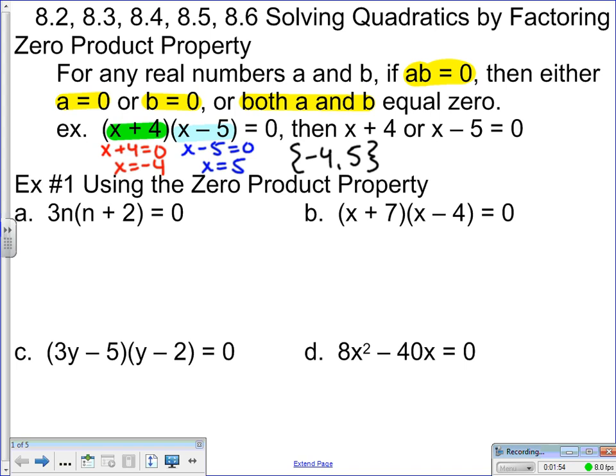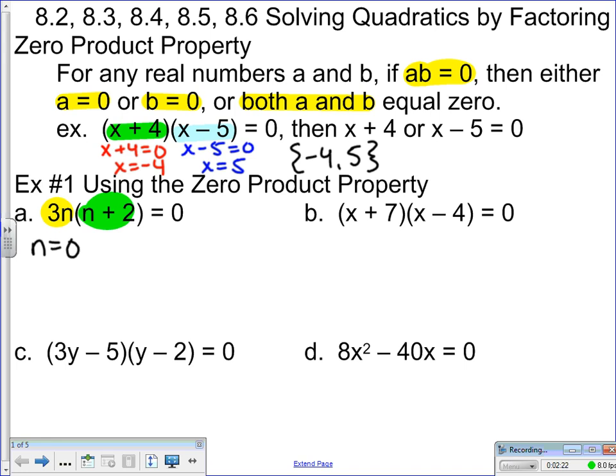So in A, we've got two factors, 3n and n plus 2. Now for the first one, what times 3 makes 0? So 3 times 0 equals 0.